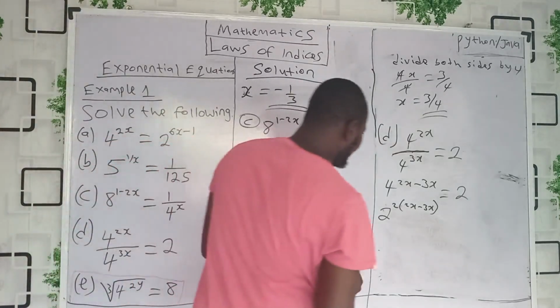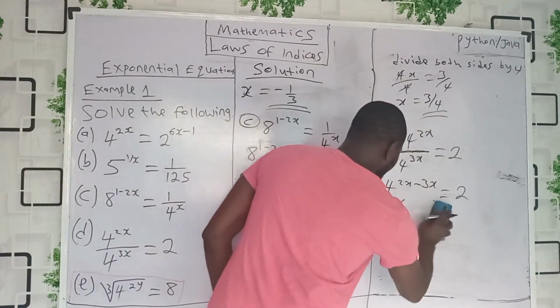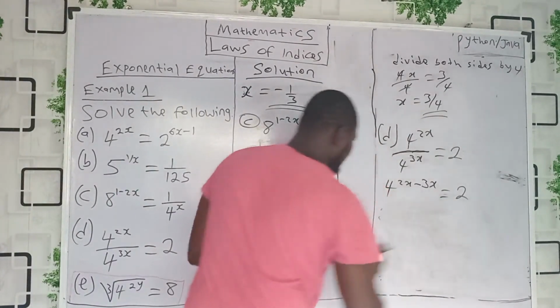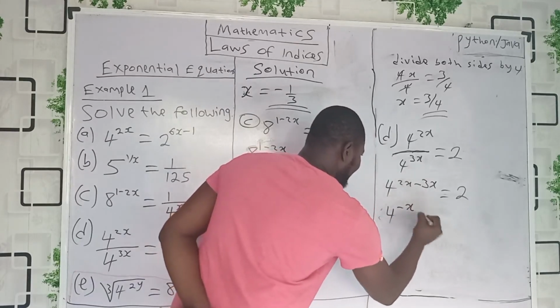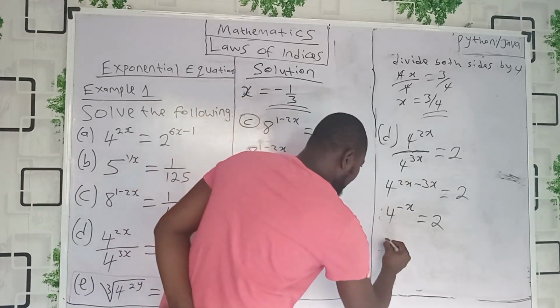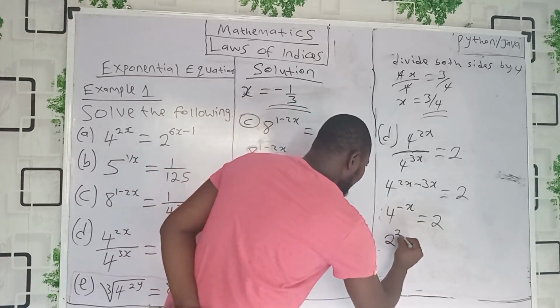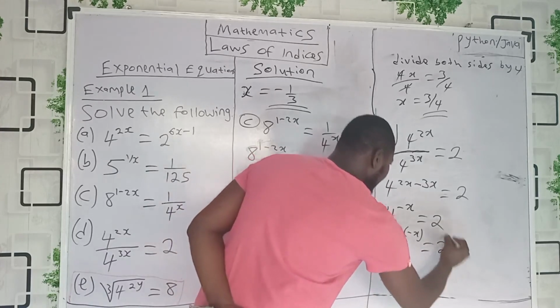2x minus 3x, what will it give us? 2 minus 3, that's minus 1. So we can just say 4 raised to power 2x minus 3x, that's minus x, equal to what? 2 raised to power of 1. I can express 4 as 2 raised to power 2 into bracket minus x, equal to 2 raised to power of 1. Don't forget this power 1.